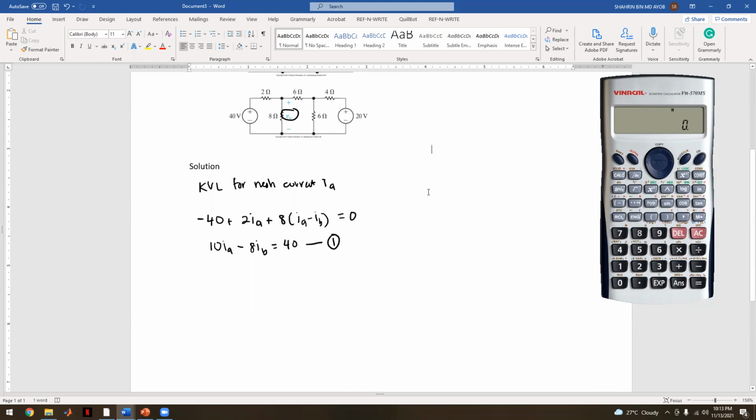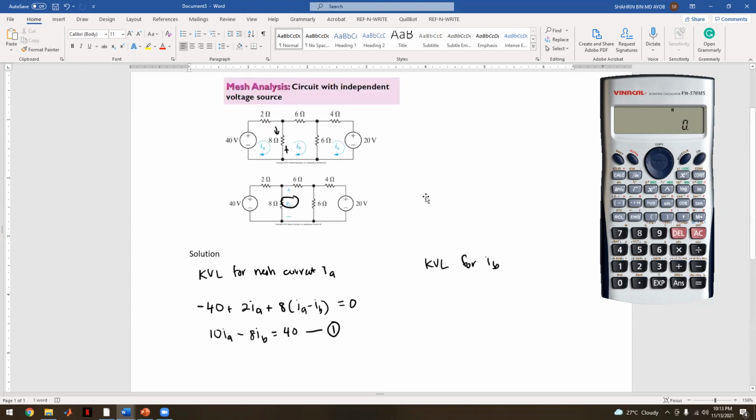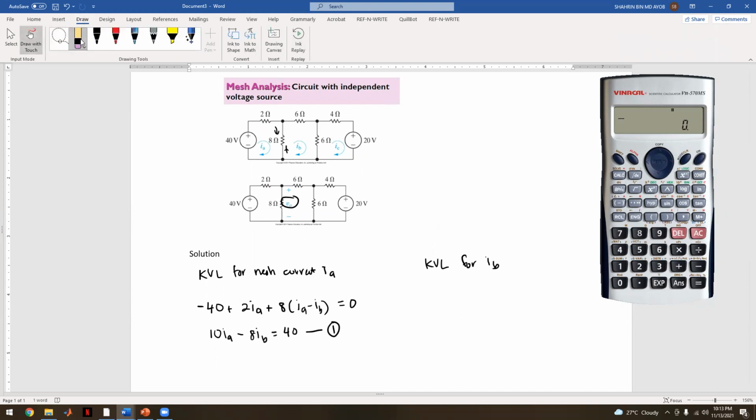Then we move on to the KVL for mesh current IB. We are concerned with the mesh current IB. So for the 8 ohm here, the IB must be positive.